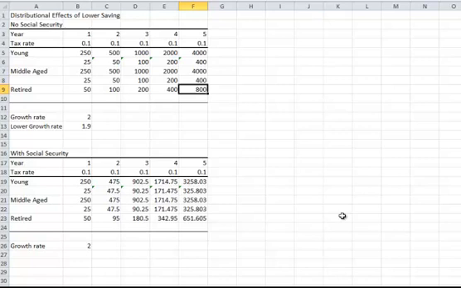Now obviously the higher the growth rate, the bigger effect, but the longer periods of time, we're talking about not just single years here, we're talking about people moving from young to middle-aged to retired. That's fairly long periods, and if the economy grows at 2% per year, every 35 years, it's roughly 35 years, it's going to be doubling. And so we could see effects fairly similar to this over periods of time.